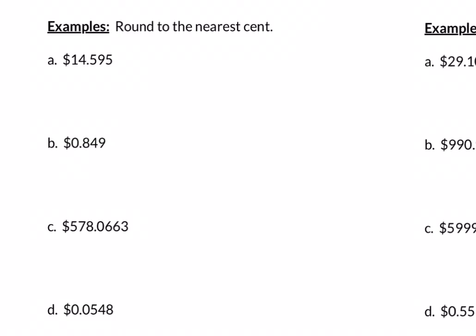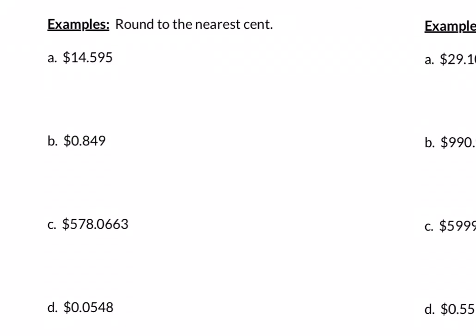So rounding to the nearest cent, remember, is we want 2 decimal places, or we want to round to the nearest hundredth. So here, we're always going to go to our second decimal place. My 9 is in my cent column. And just like before, I'm going to include my little dashed line.